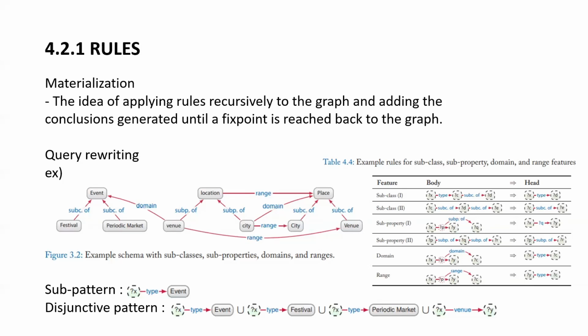For example, if the schema graph in figure 3.2 and the table 4.4 rules are used, the sub-pattern $X type Event of a given input query is evaluated in the original graph and then rewritten as the disjunctive parent.